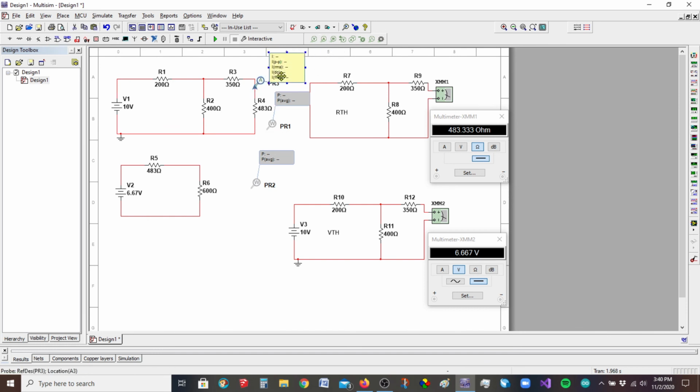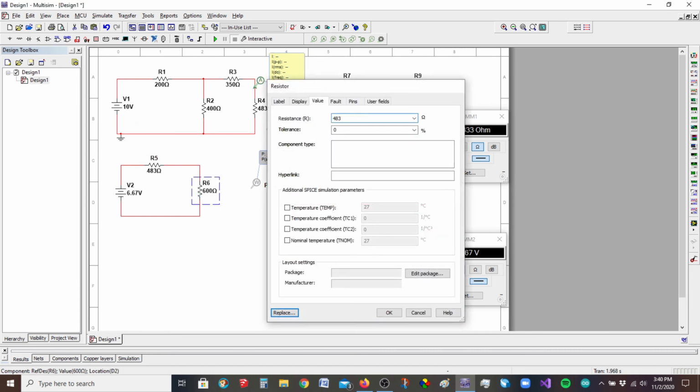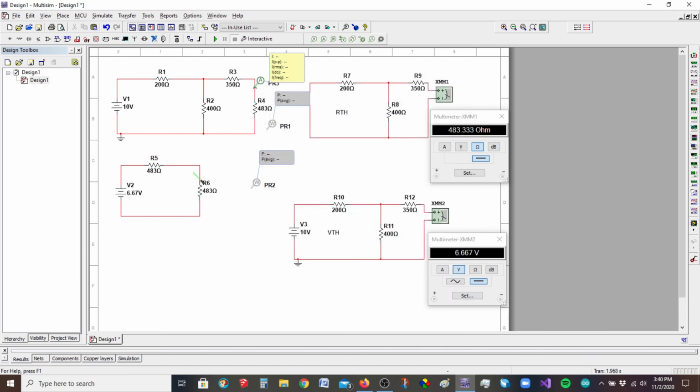So again, it's only 50% efficient because half the voltage is being chewed up here and half of it's being chewed up here, if we go back to the 483. So half of the total power that this is producing is dissipated in this resistor and half of it is dissipated in this resistor.